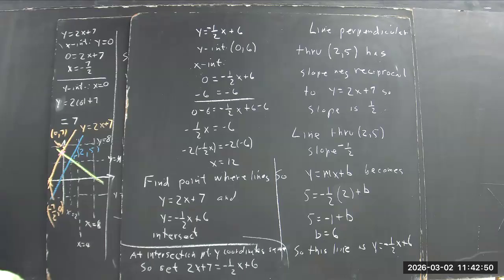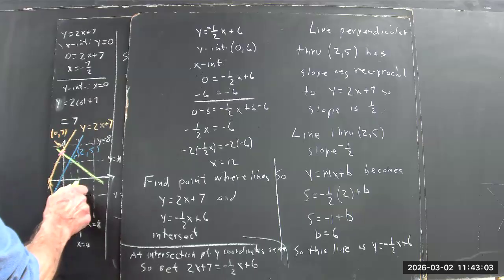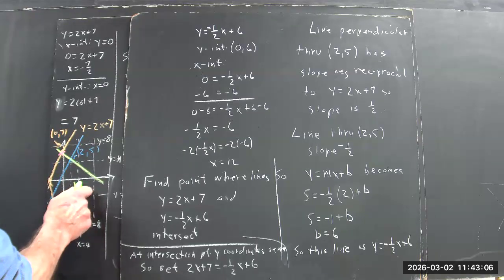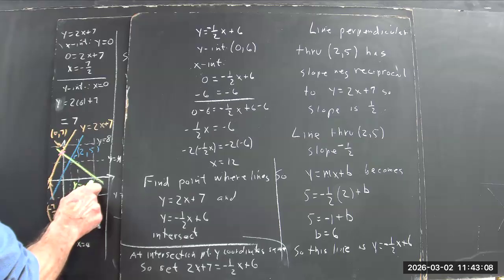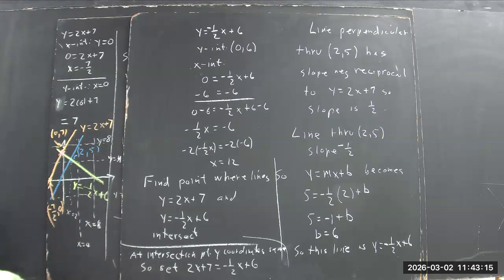We want to find the exact coordinates where those two lines would intersect, because the line I drew for the equation y equals negative 1/2 x plus 6 is in approximately the right place, but the x-intercept looks to be about 8 rather than 12.